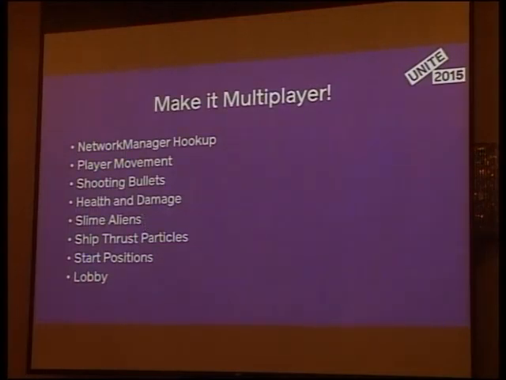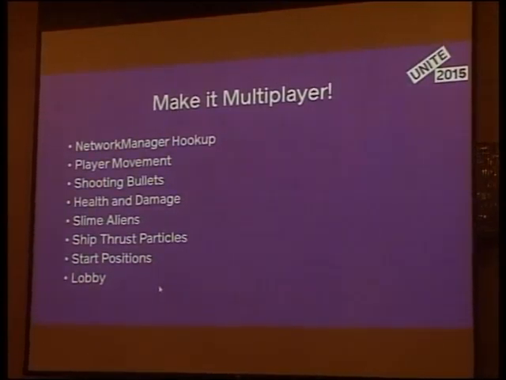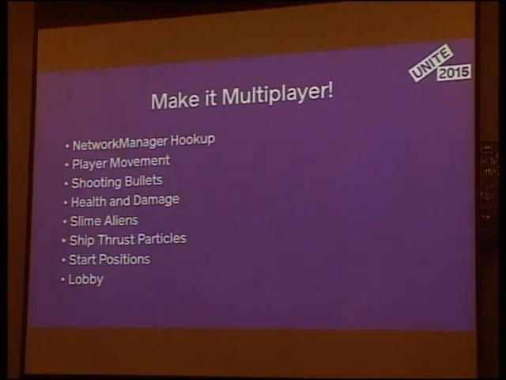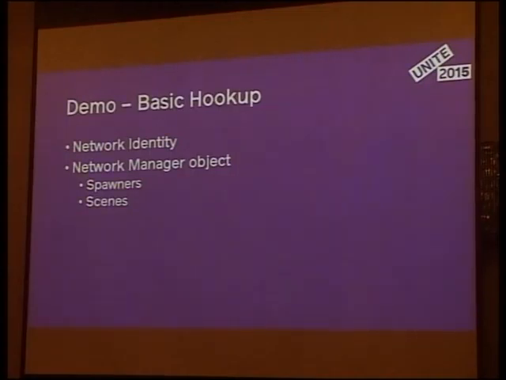Then the aliens will have to be made networked objects. Then the ship thrust particles are a little bit more complicated, so we'll do those later. Then we have to have spawn positions, so we don't want players to all enter the game on top of each other. And then at the end, we'll add a lobby, depending on how much time we have. So, basic hookup.